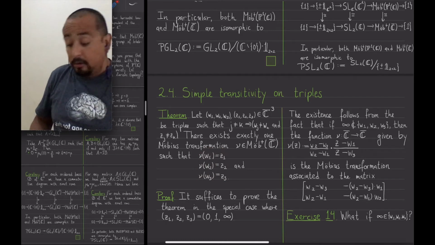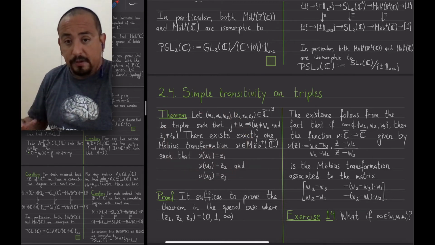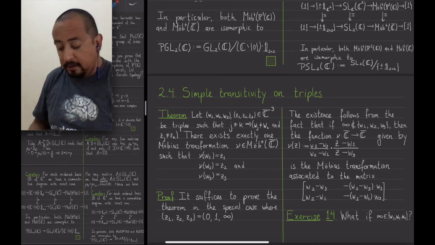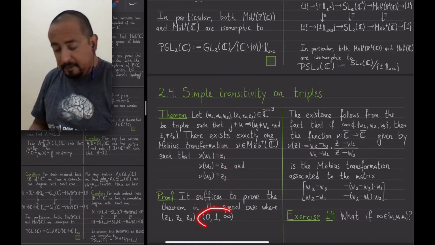So the theorem follows from proving a special version, both in existence and uniqueness, where the target triple is this very specific ordered triple.